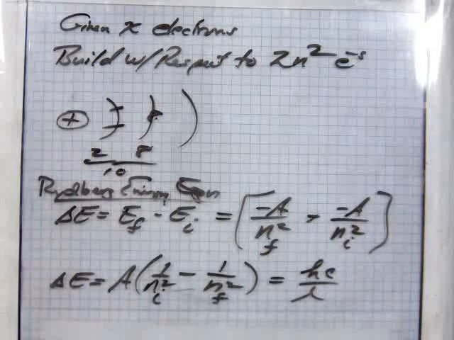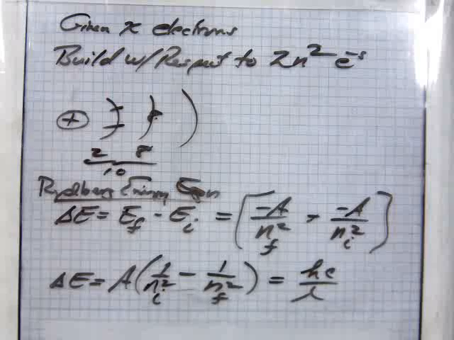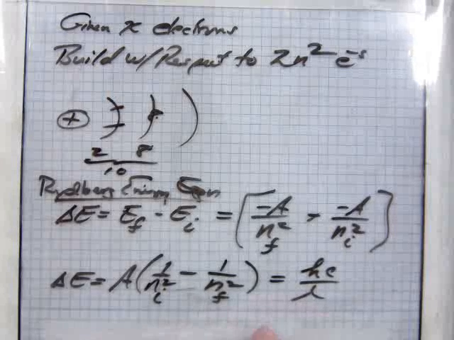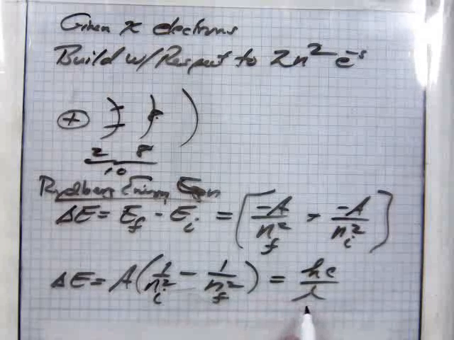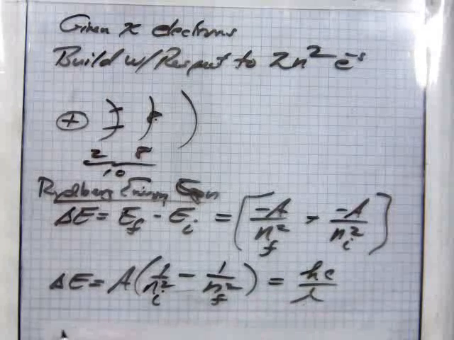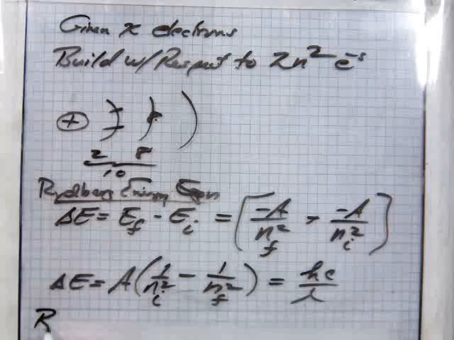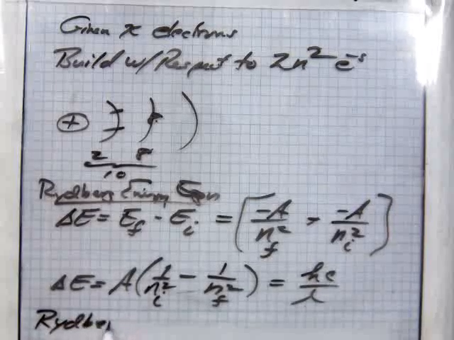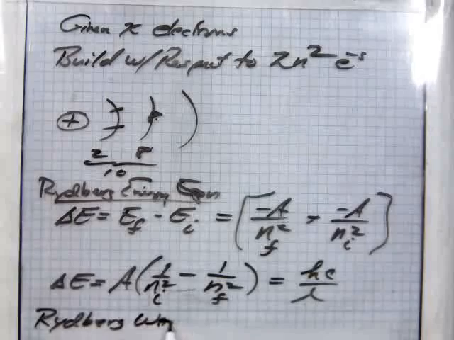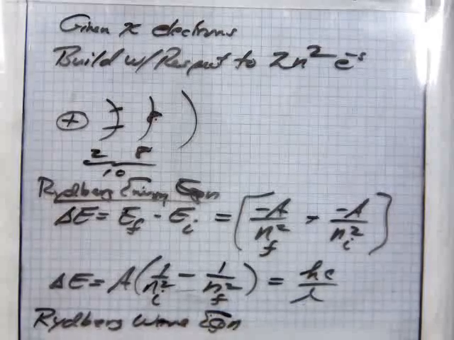What's the 9 to 1 transition? Well, we haven't invented 9 rings, but you can calculate it. Anyway, this simplifies by calculating for the lambda. It's called the Rydberg wave equation. We're fixing to stop, take a break, hang on.